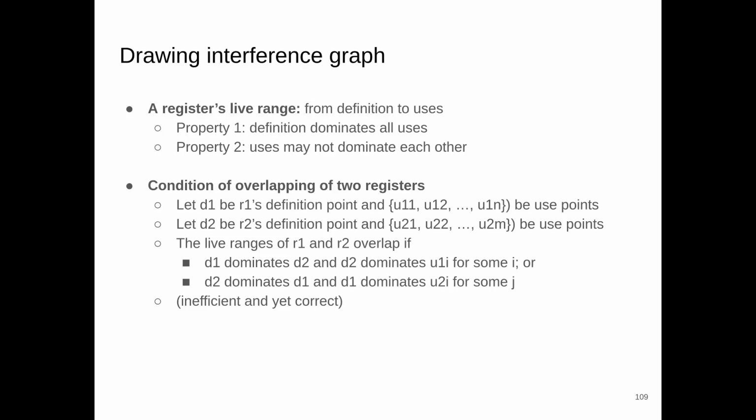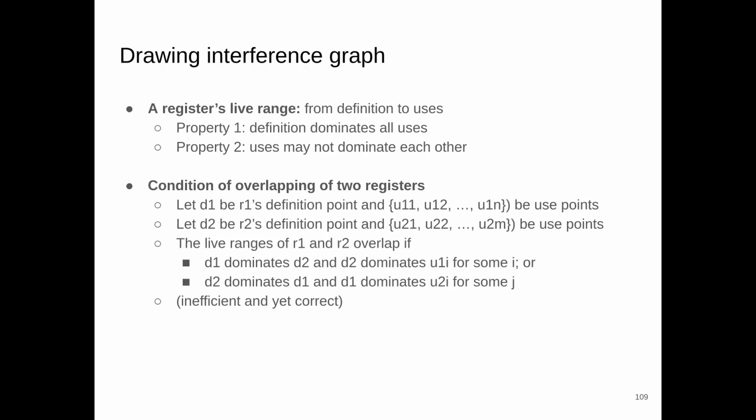And here is the condition for checking whether two registers' live ranges are overlapped or not. Overlapping means that two registers' values should coexist at some point in time. If you have to remember the values of these two registers at the same time at any moment, then they cannot be allocated into the same register.